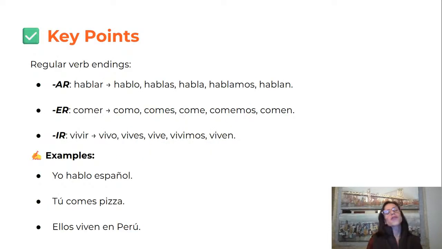But let's come back to the basics. Key points that we have to keep in mind when studying the verb gustar. Of course, the regular verb endings. Those regular verb endings, that was something that we studied on Tuesday.